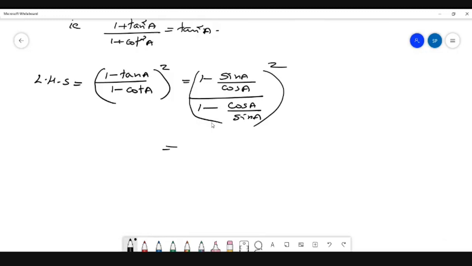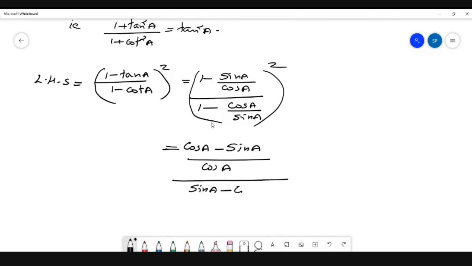Simplify the numerator and denominator separately. 1 into cos A is cos A, minus sin A by cos A, whole divided by 1 into sin A, it is sin A minus cos A, divided by sin A, whole square.